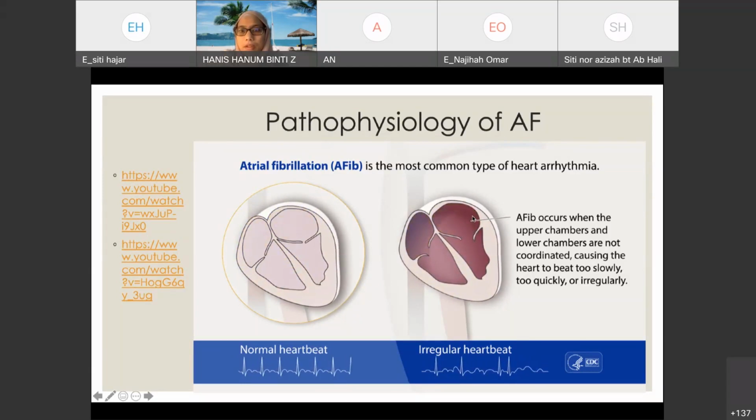And when blood clot occurs here, and then it travels through the ventricle and it gets pushed out, goes to your brain, it can cause a stroke. Okay, so that's why it's very important for us to detect atrial fibrillation as soon as possible, because we don't want them to get the complication of it, which is stroke.